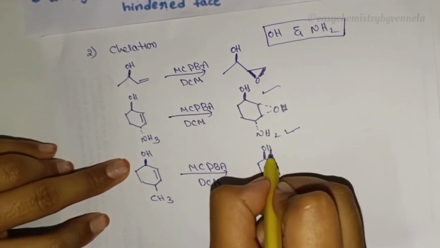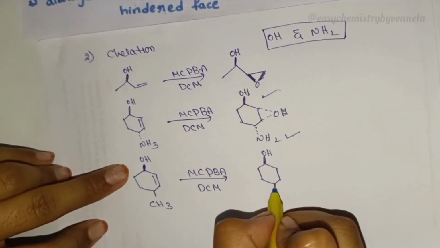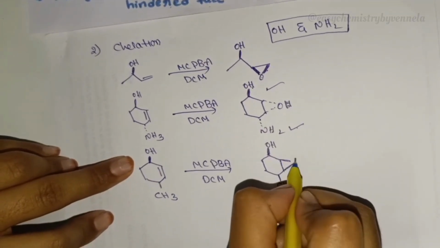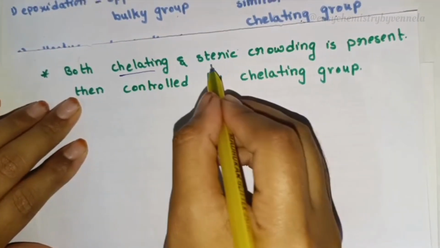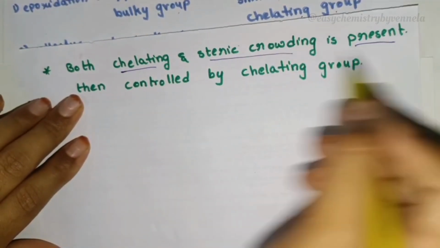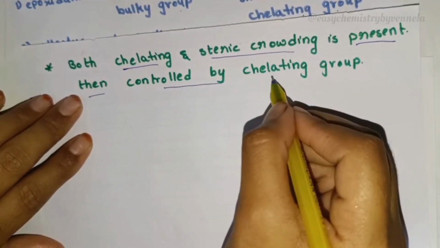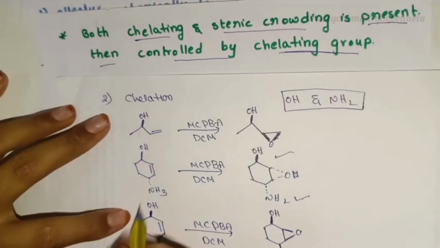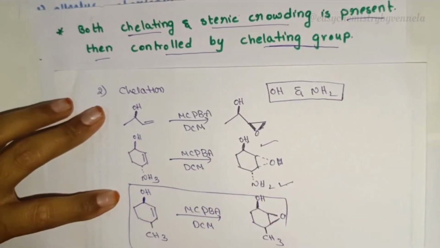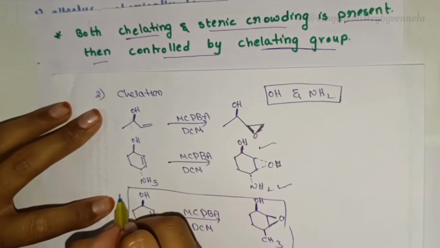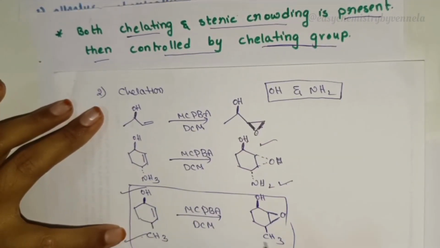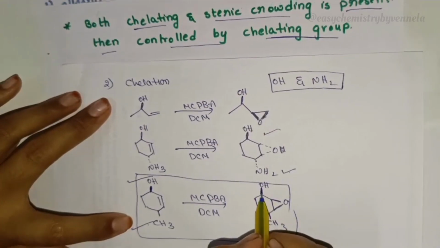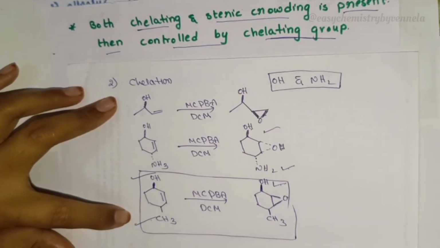When both chelating and steric crowding are present, it is controlled by the chelating group only.